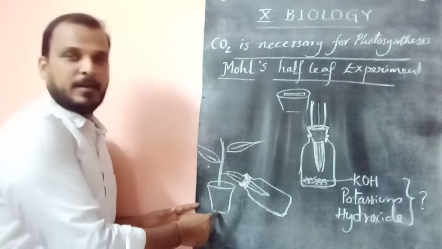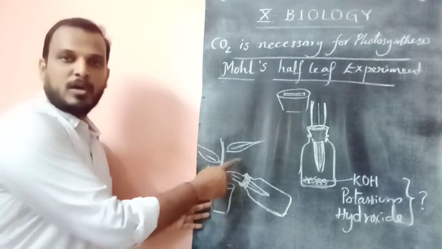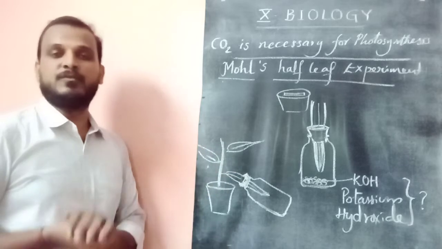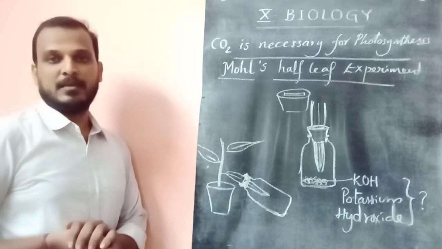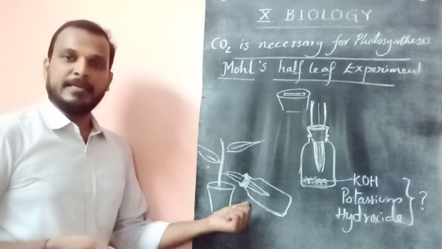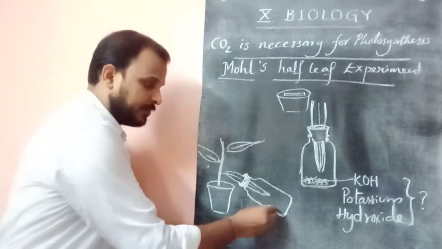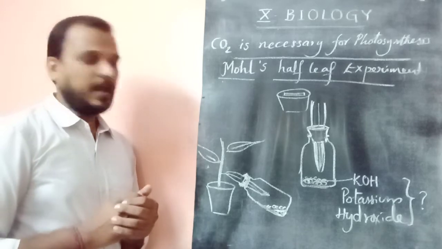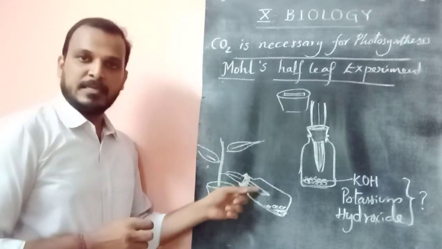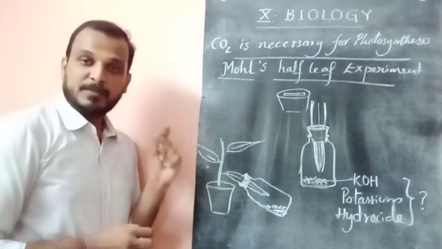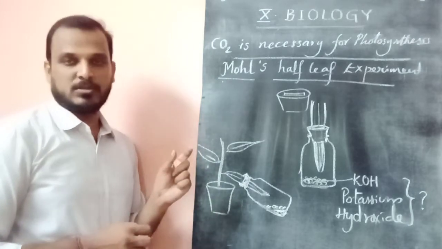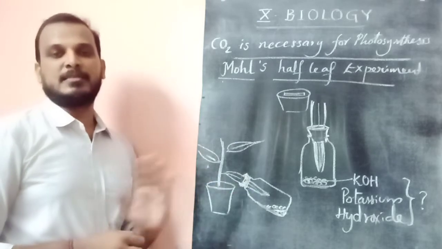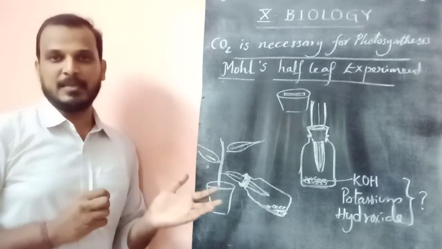So a potted plant with long narrow leaves is kept in a dark room for 3 to 4 days and destarched, and also a glass bottle is arranged with KOH pellets, and the leaf is inserted through an airtight split cork, and the gaps are covered with Vaseline, not to let any gases in or out.